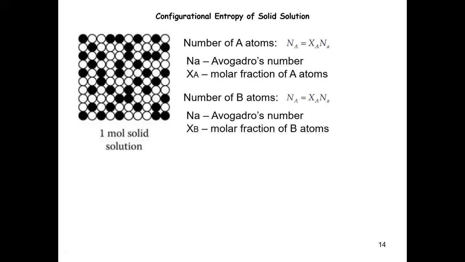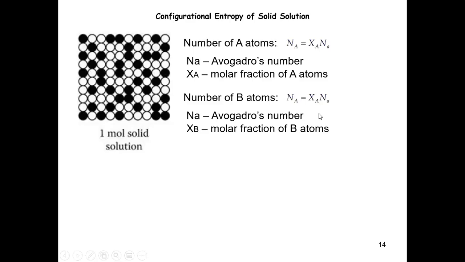Okay, so if we have 1 mole solid solution, and we know that we have XA, which is the molar fraction of A atoms, we can easily compute the number of A atoms, which we call NA. This is the number of A atoms, and this XA is the molar fraction, and this NA is the Avogadro number. Okay, that makes sense to everyone? For the same reason, we can easily, whoops, I'm sorry for the confusion.